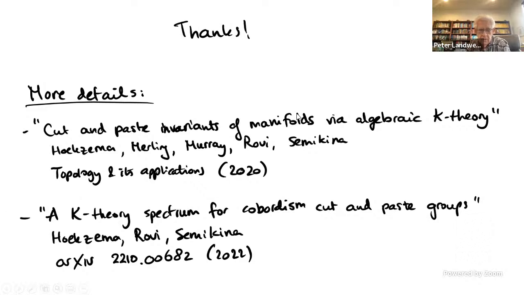Does this complete your study, or do you have more things in mind? We have many more things in mind.